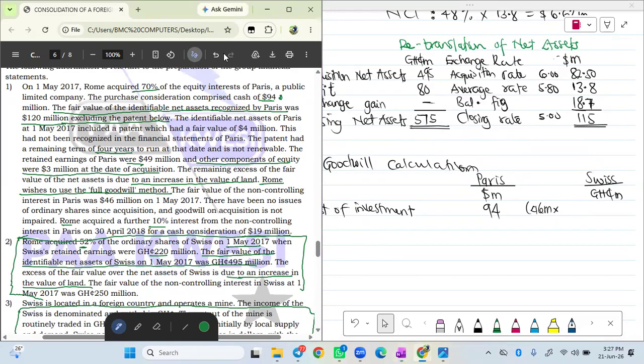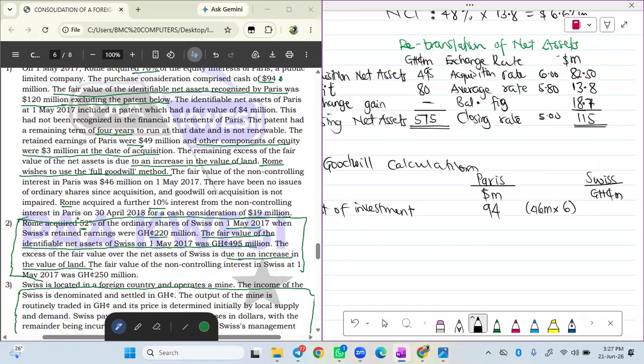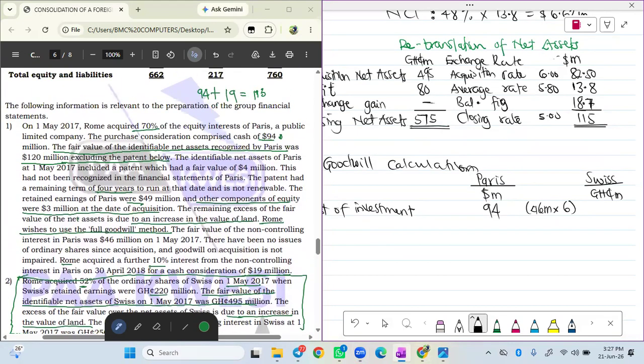So the rate is 6. Good. So what will be the cost of investment for Swiss? 276. Because everything is now in cedis.